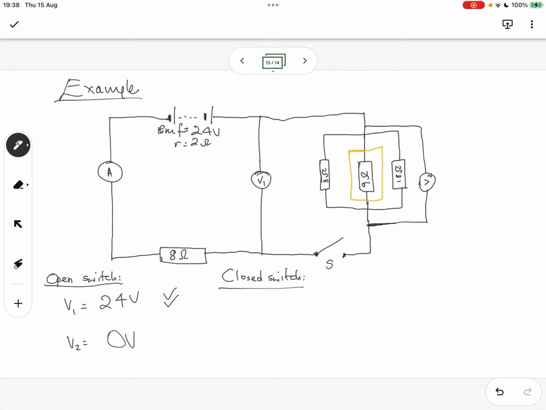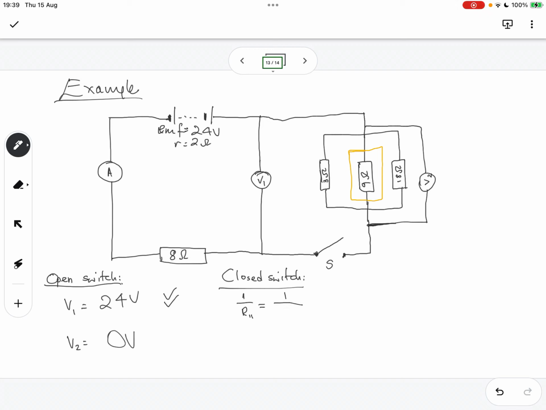So now the switch is closed. So we must find the total resistance in the circuit. Again, like I said, we'll have to find the equivalent resistance of the parallel circuit. And how do we add the resistance of a parallel circuit?